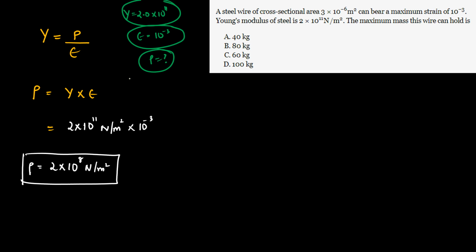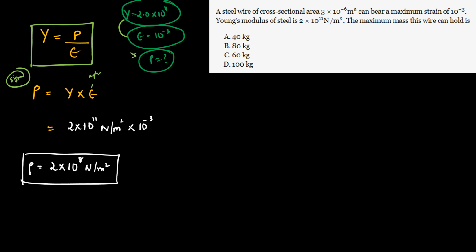I think I misspoke, I'm sorry. This is your sigma, stress. This is epsilon, or strain. These two are given to you. So just using this particular relation, I can find out the value of sigma.